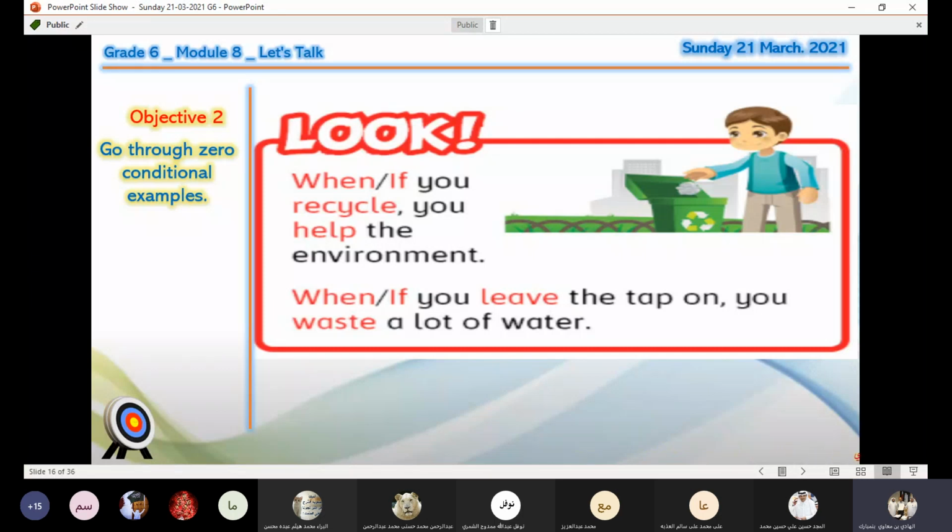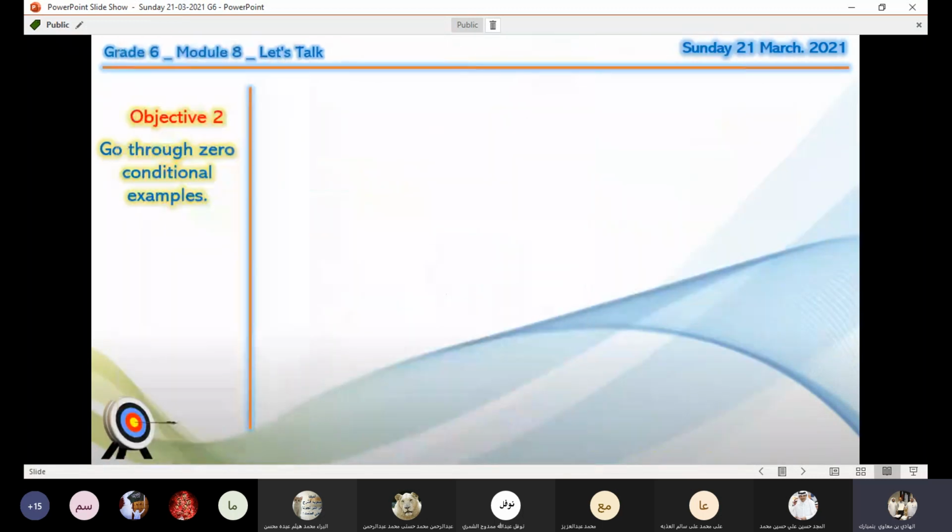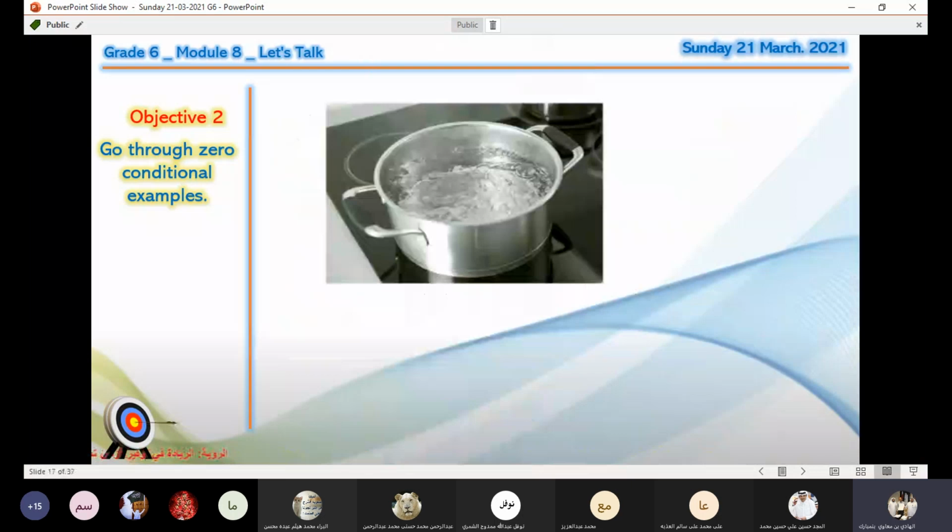So if plus present simple gives present simple in the second part of the sentence. Okay, guys? So this is actually the zero conditional. This is zero conditional. Let me give you this example to make things clearer in your minds.